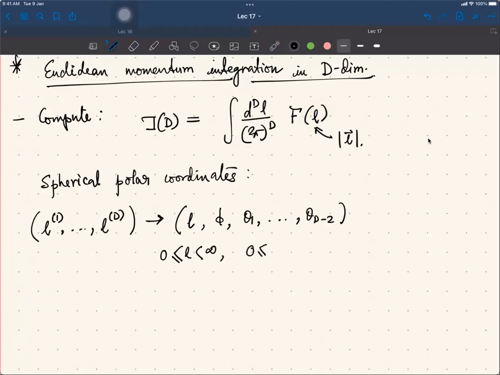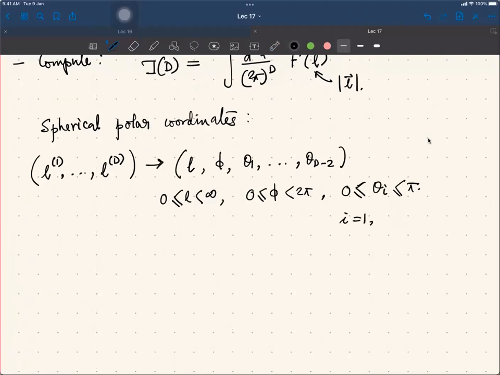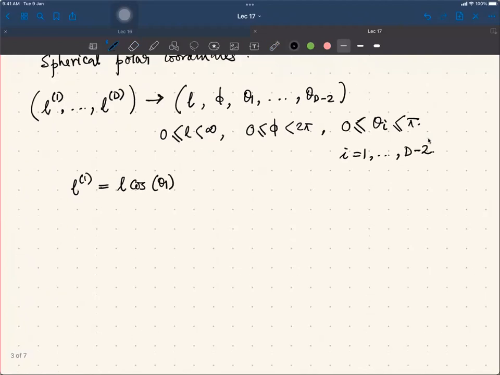The range of phi is 0 to 2 pi, and the range of the theta i's is 0 to pi. So the relation between the Cartesian components and spherical polar components is as follows.